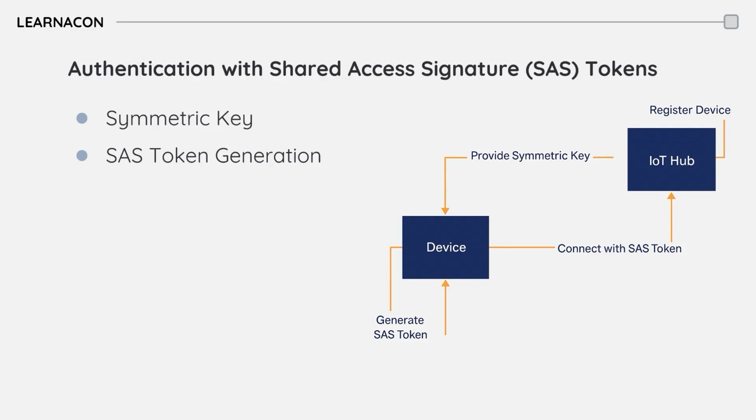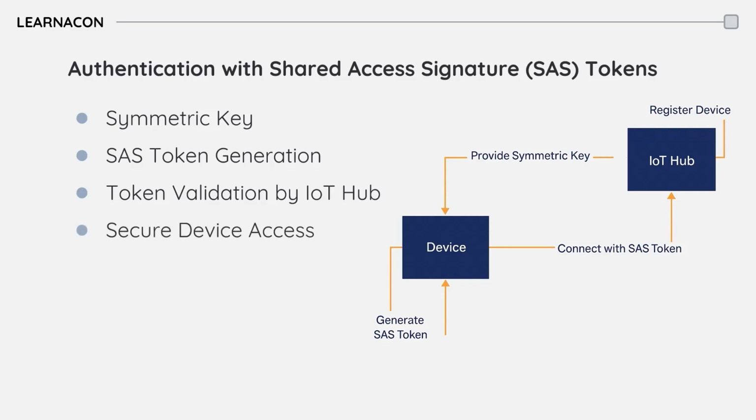IoT Hub verifies the token's signature and checks that it hasn't expired. If validation succeeds, the device is granted access and can securely communicate with the cloud. This method ensures that only authorized devices can connect to the IoT Hub. The inclusion of expiry times enhances security by limiting the token's validity period, helping maintain the integrity of the IoT ecosystem.